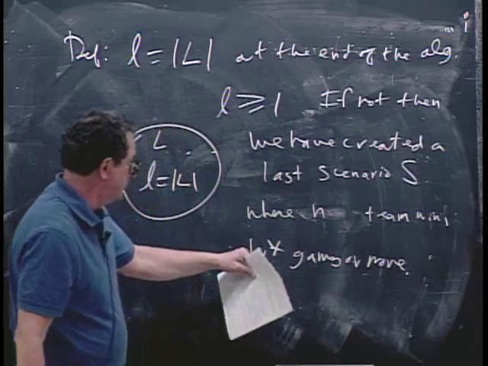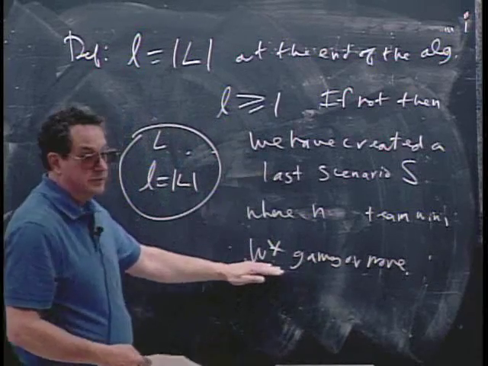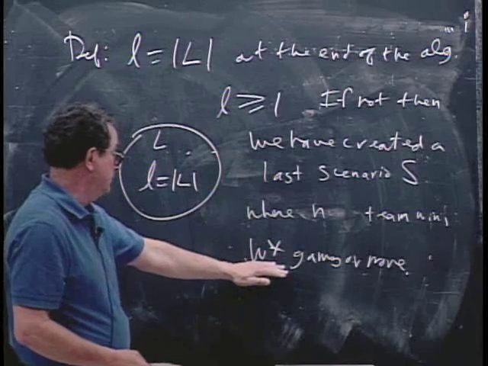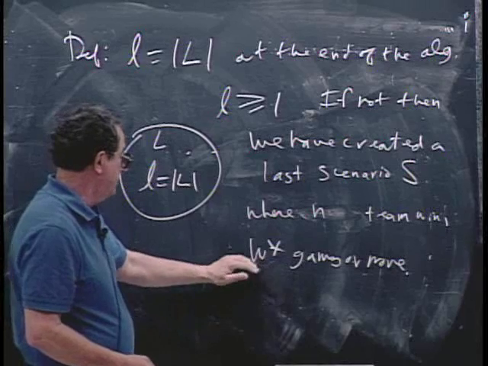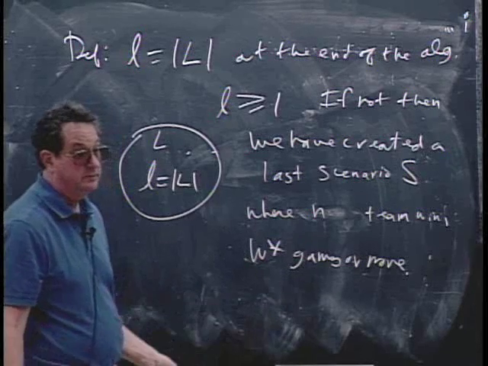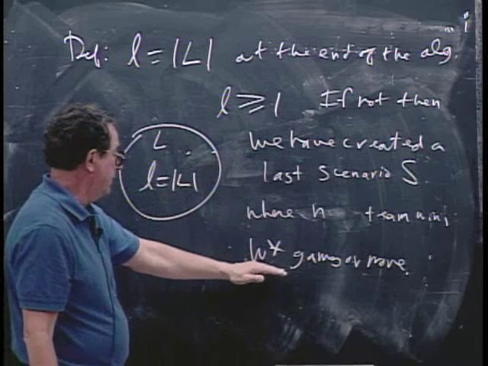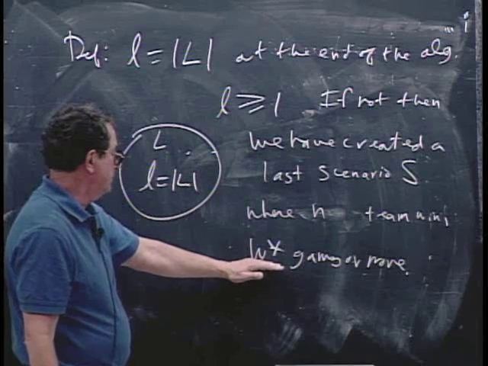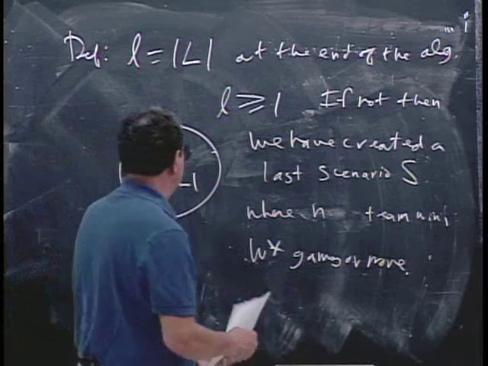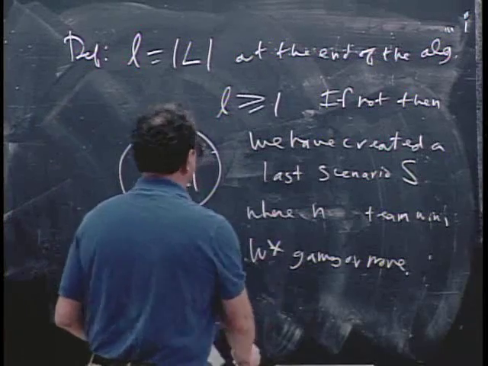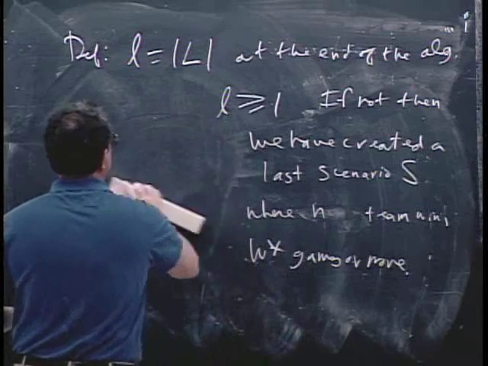No team has W star points or more. But that contradicts the definition of W star. W star was the minimum of the best outcome of each possible scenario. So there is no scenario where the best outcome, where everybody wins fewer than W star games. Okay. So L is greater than or equal to 1. So there's definitely somebody in that set there.